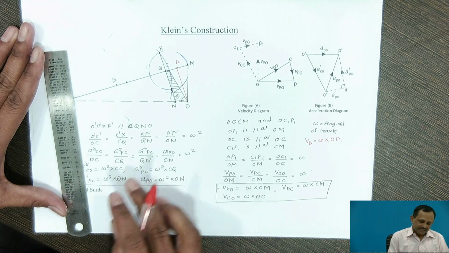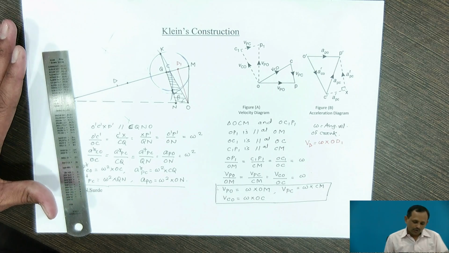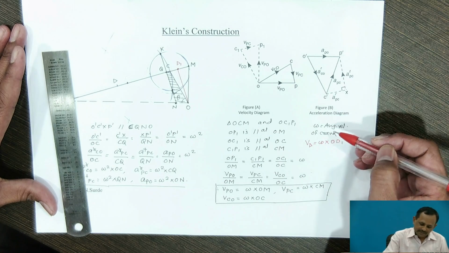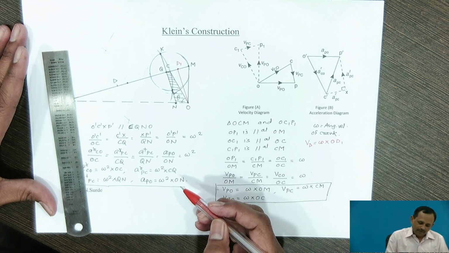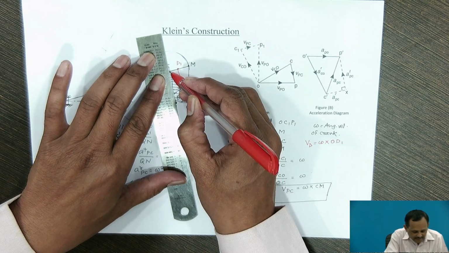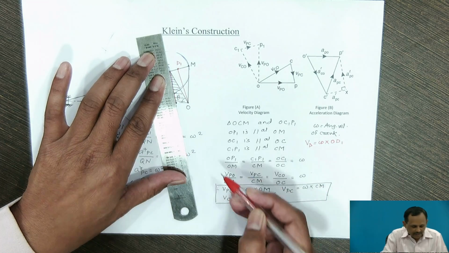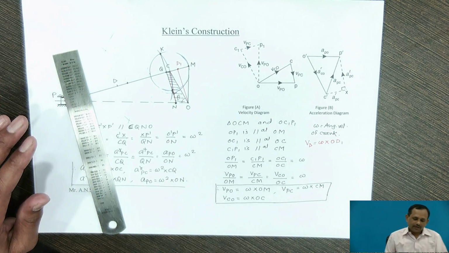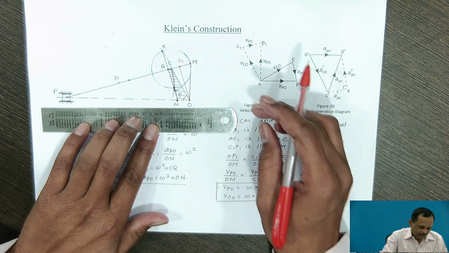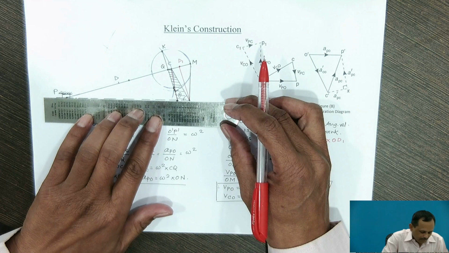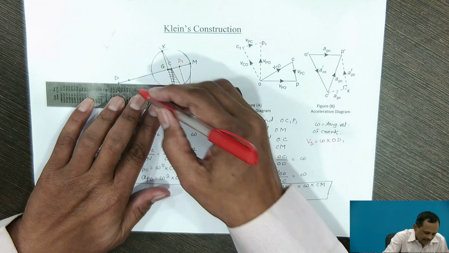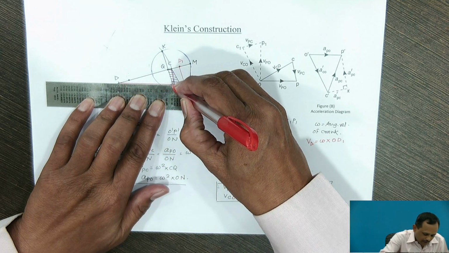Similarly, the acceleration of point D can also be determined. In the acceleration diagram, the vector C dash P dash gives the total acceleration of link PC, and hence in Klein's construction diagram, the line CN will give the total acceleration of link PC. In order to determine the acceleration of point D, first draw a line from point D parallel to OP, which will cut the line CN at point D2.